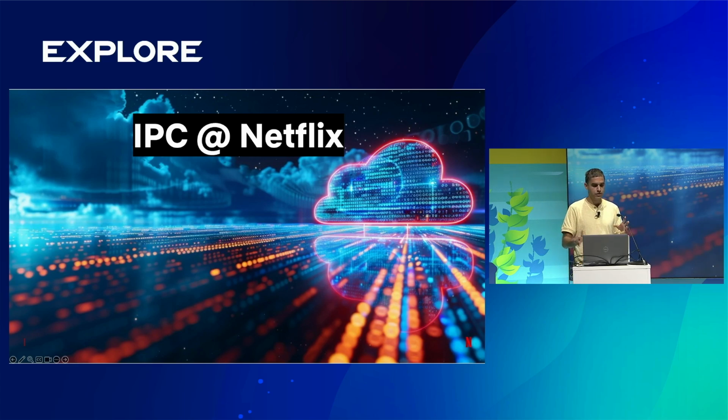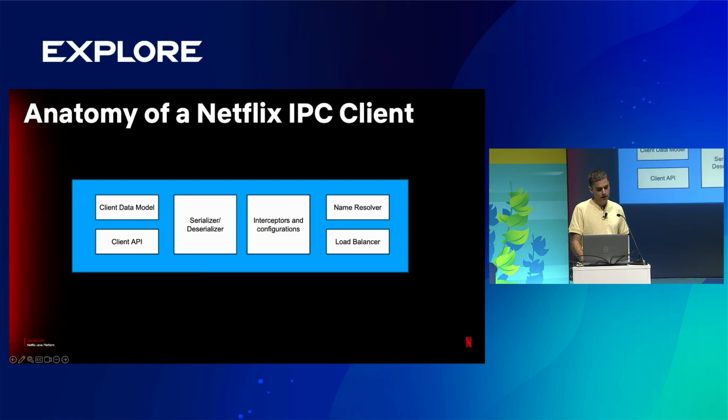So I could spend a full lecture just on IPC, but specifically I'm going to focus on the IPC client side and specifically gRPC. So this is an overall anatomy of a Netflix IPC client. We have the client data model and the client API, which correlates to classes and the methods that are being called. Then it goes through some serialization, deserialization. Then we add our own specific logic in the interceptor parts. So we load specific properties and add core integrations.